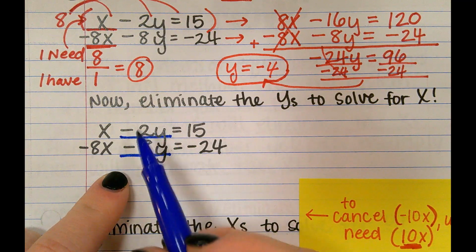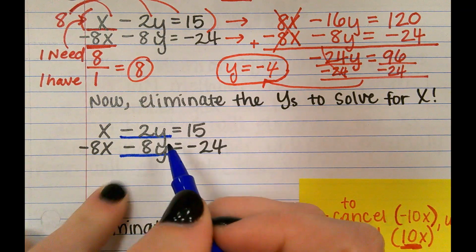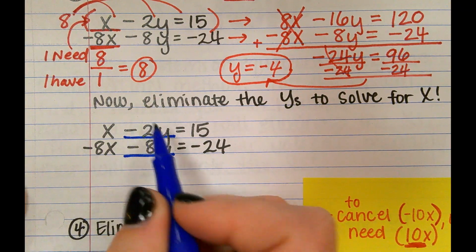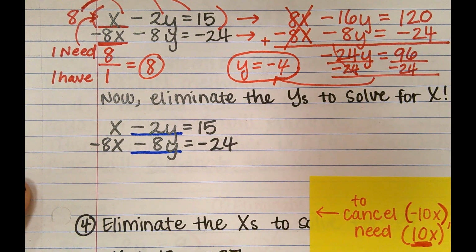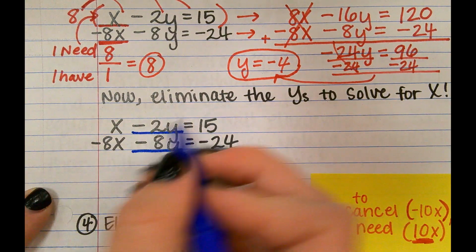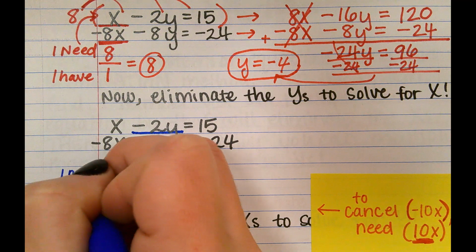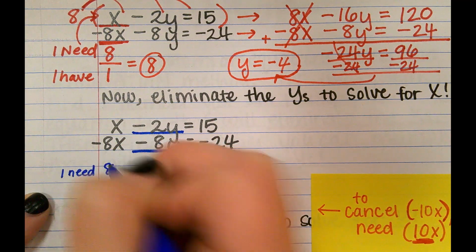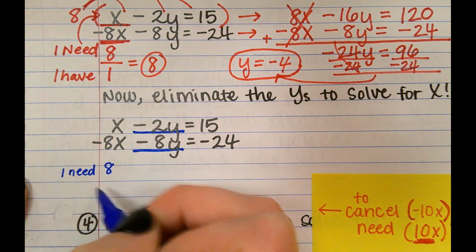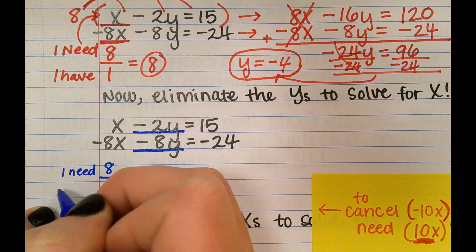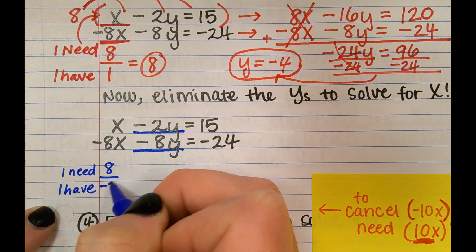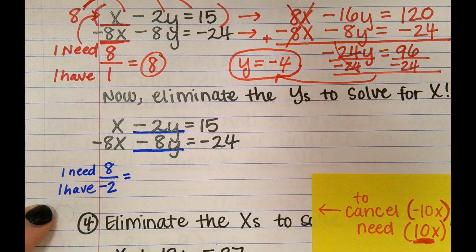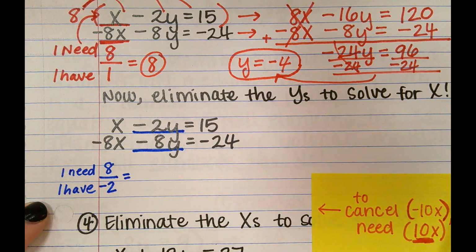What does negative 2 need to be? Positive 8. So I need positive 8. What do I have? Negative 2. Good. So divide those and tell me what you get. That's what we'll multiply by.